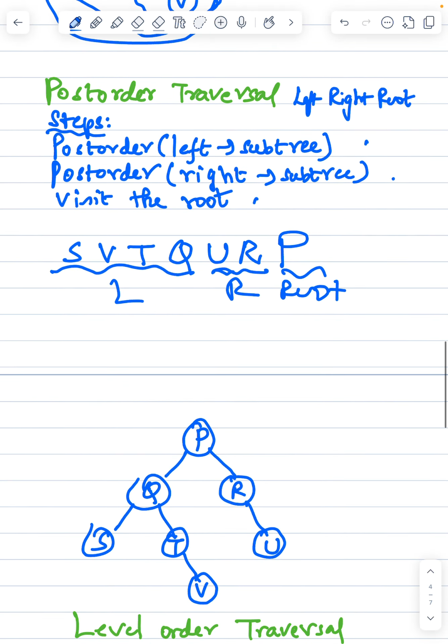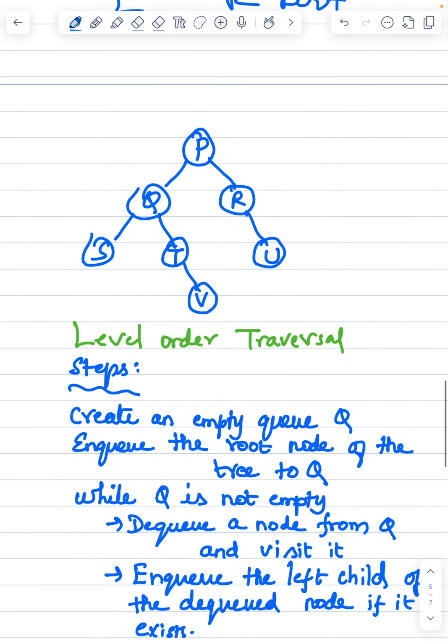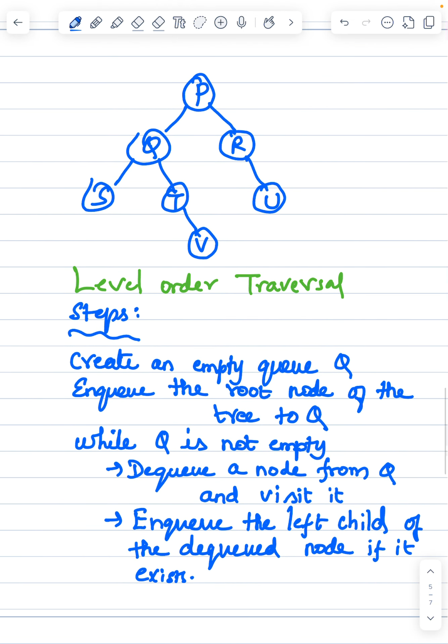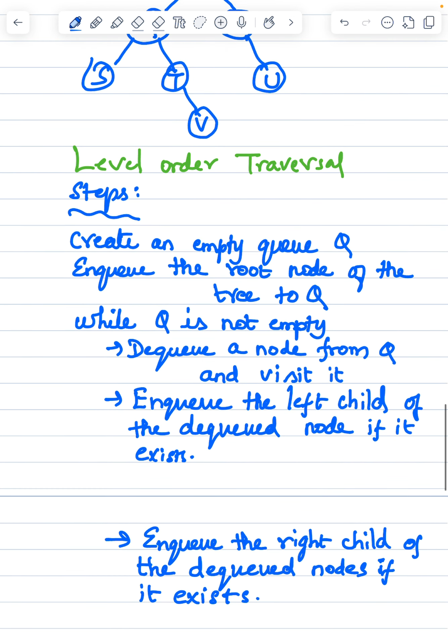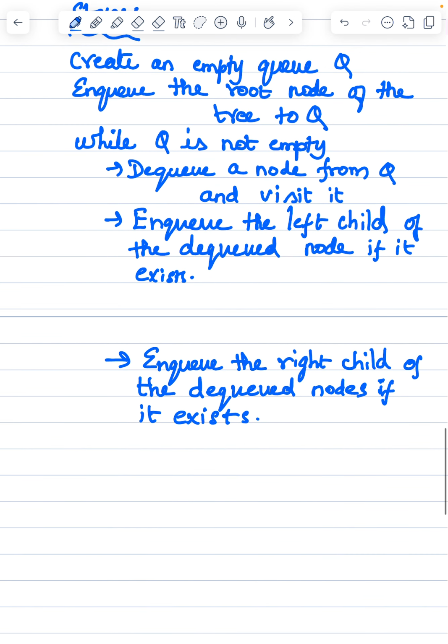The next important traversal is level order traversal, which is also called breadth-first traversal. Here the nodes will be traversed level by level. For that we are going to use a data structure called a queue. We are going to have two things: one is the queue, the other one is visited.